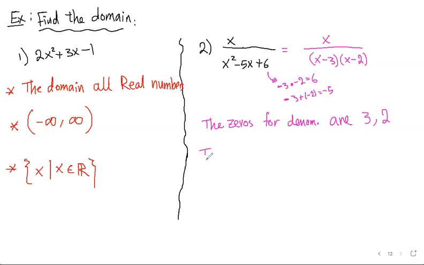So what's the domain? These numbers make the denominator zero, so I have to remove these two numbers.